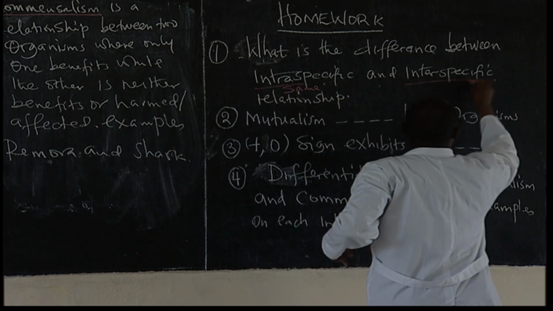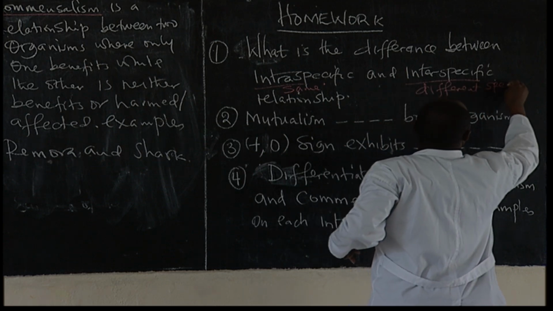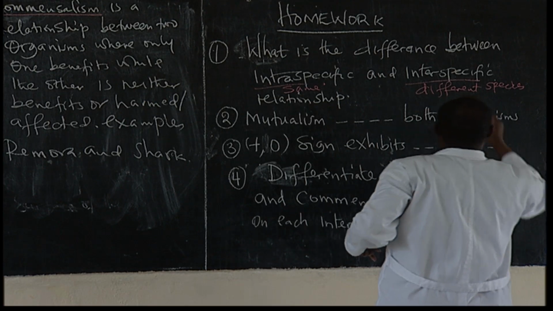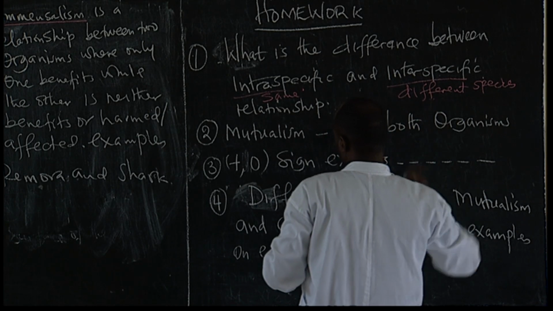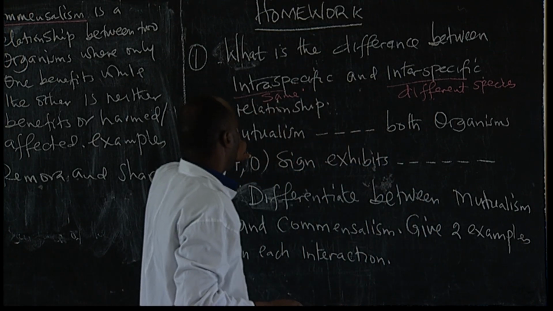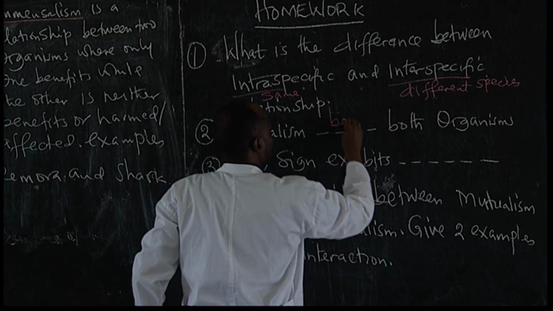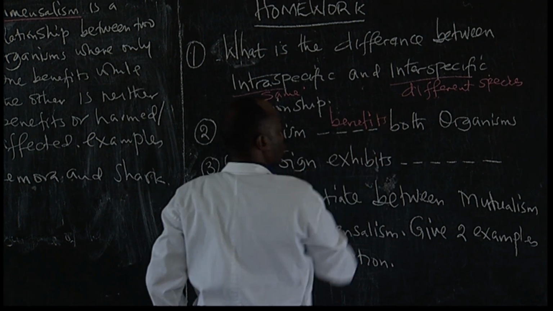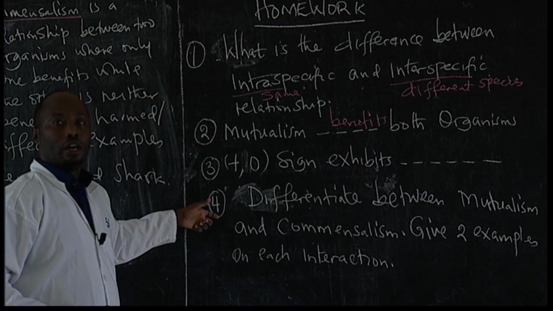This one involves different species. Once it involves different species, and they benefit from each other, that is referred to as an interspecific relationship. Mutualism, both organisms benefit.